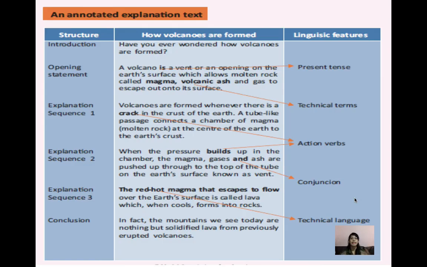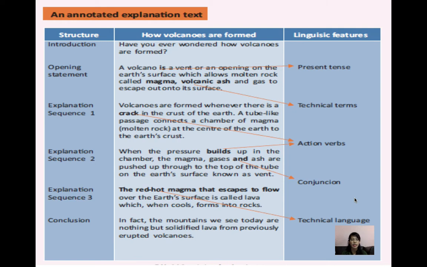Okay, now let's see an annotated explanation text. In the structure, there are the introduction, opening statement, explanation sequence 1, explanation sequence 2, explanation sequence 3, and the last, conclusion. We can see that the linguistic features are present tense, technical term, action verb, conjunction, and technical language. So let's see how volcanoes are formed.